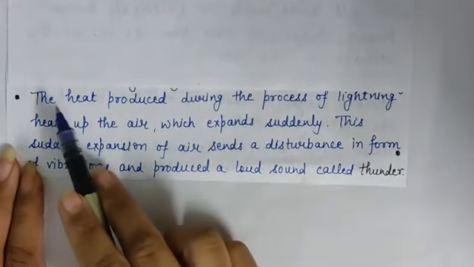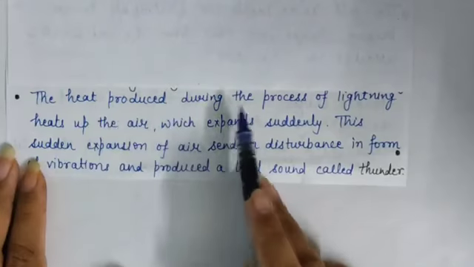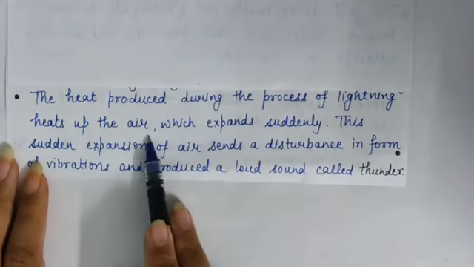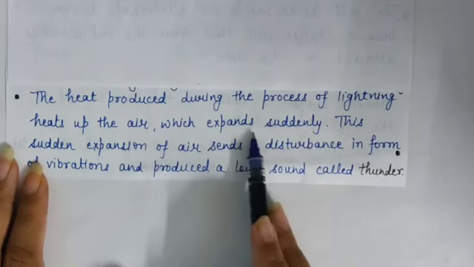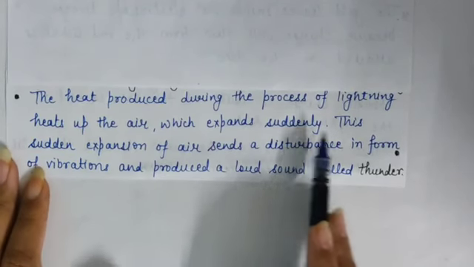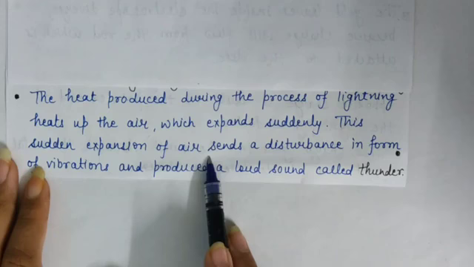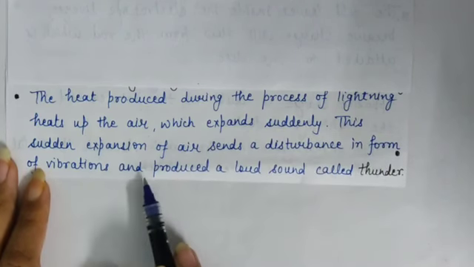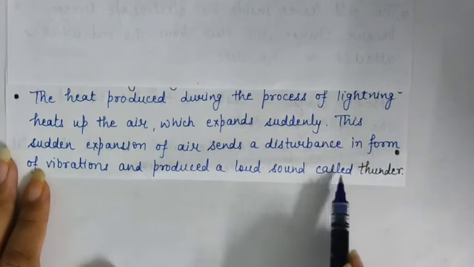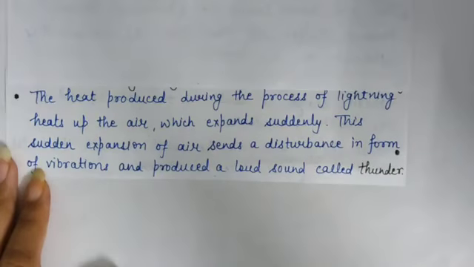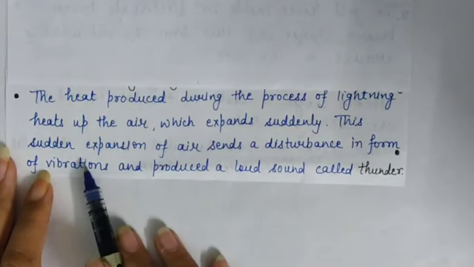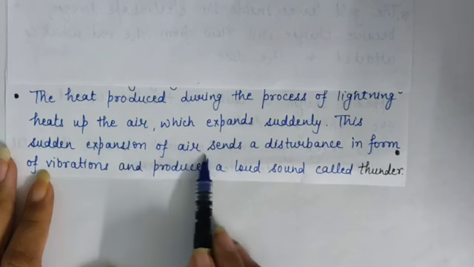So the answer is the heat produced during the process of lightning, which heats up the air, and this air expands suddenly. And this sudden expansion of air sends a disturbance in the form of vibration and produces a loud sound called thunder. So the main cause of the sound of thunder in the sky is sudden expansion of air.